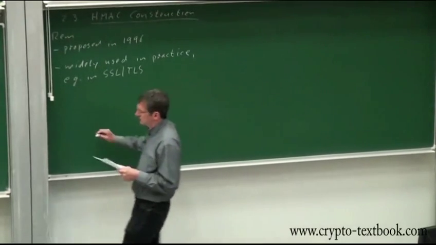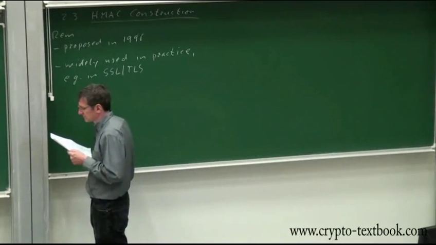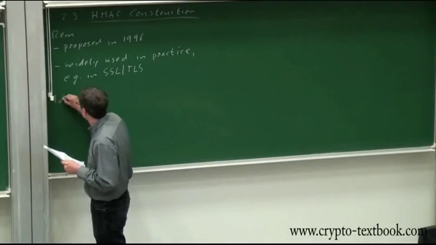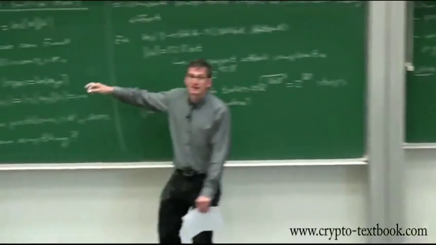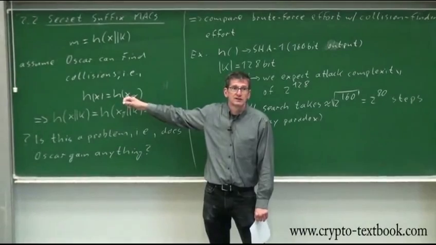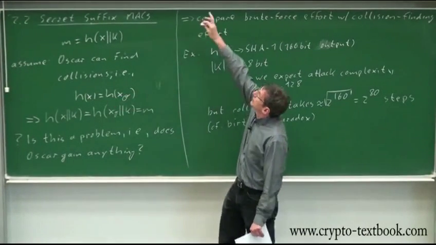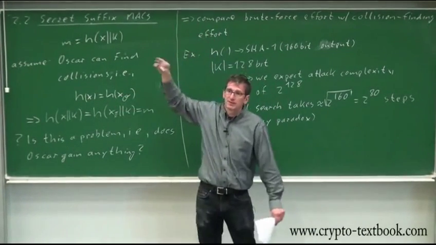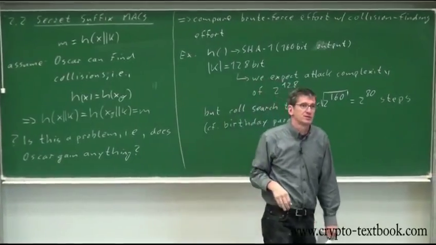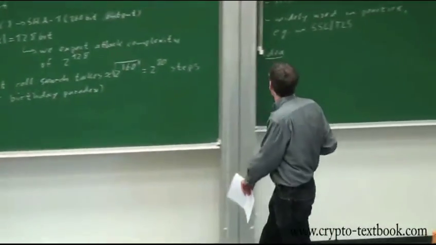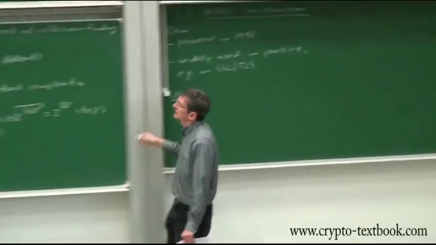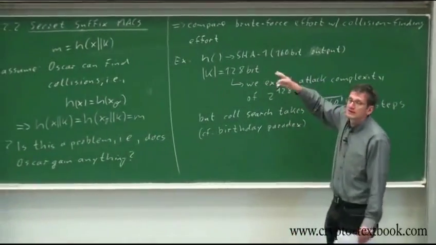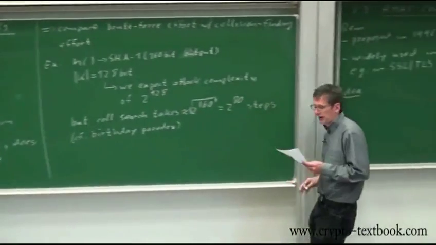So what is the idea? The problem is, by the way, this collision problem. You cannot avoid it, even if you do proper padding. You still have the problem here. So we essentially want to stay away from secret suffix, but the secret prefix we can repair.